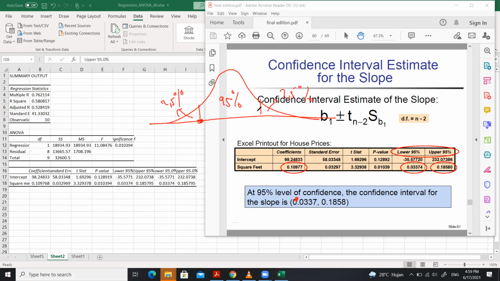So what is the critical value here? For the slope here is this one and this one, 0.03374, and for the right side is 0.18580. So something like this.